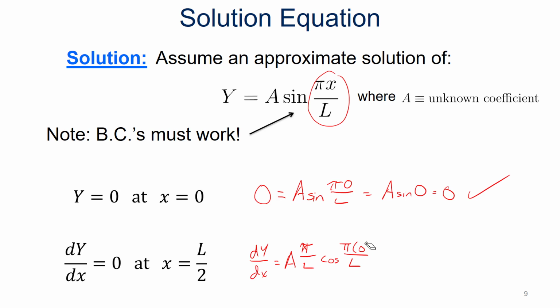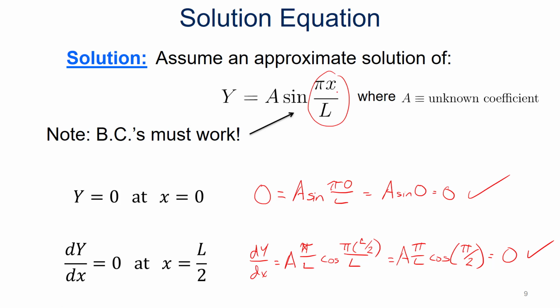Hang on. It is L over 2. All right, so that reduces to a pi over L cosine of pi over 2. Oh, cosine of pi over 2. Yeah, that's equal to 0. Right, so we do satisfy both boundary conditions.